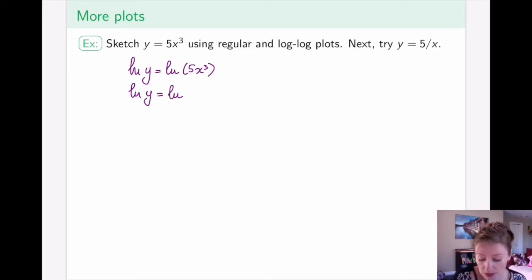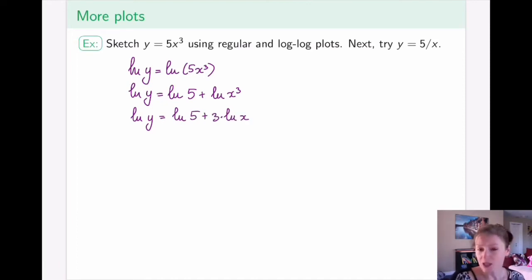And the right-hand side, first of all, it's a product. Once again, this power is only on x, so I can't bring it down quite yet. So it's ln of 5 plus ln of x cubed. And now that this cube is covering all of the inside, I can bring it down in front of the logarithm. So ln of 5 plus 3 times ln of x.